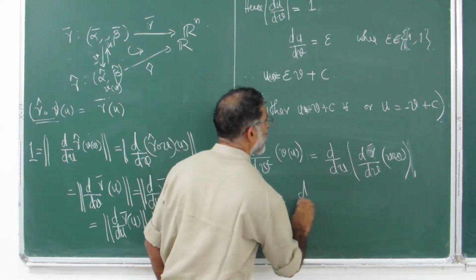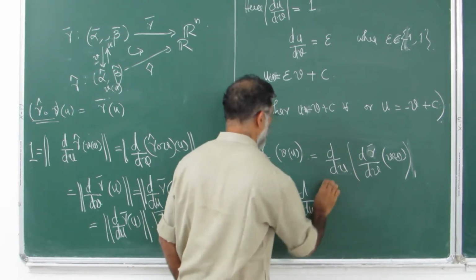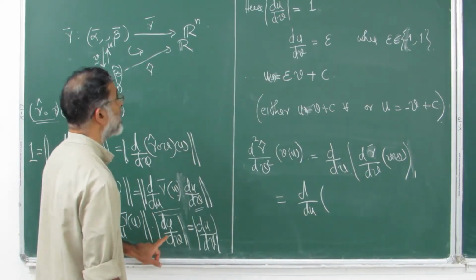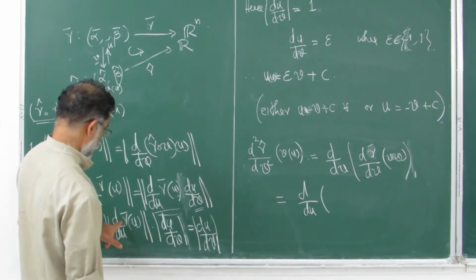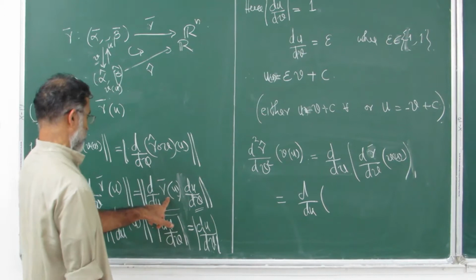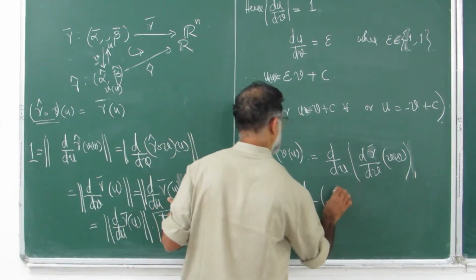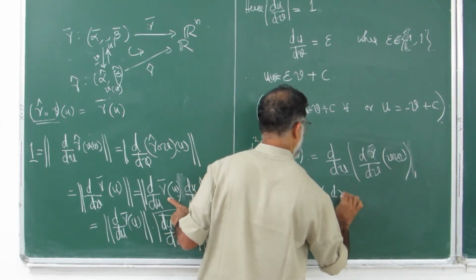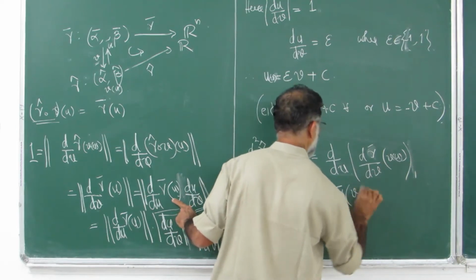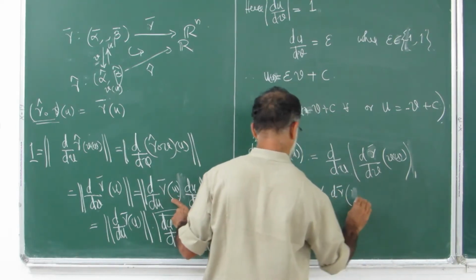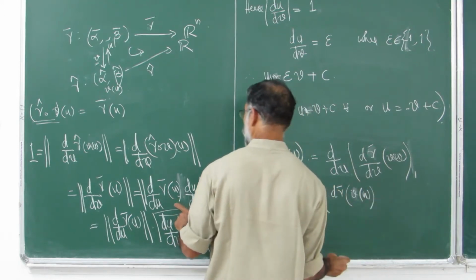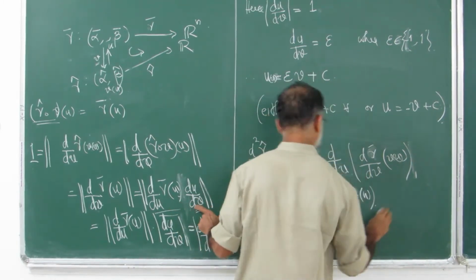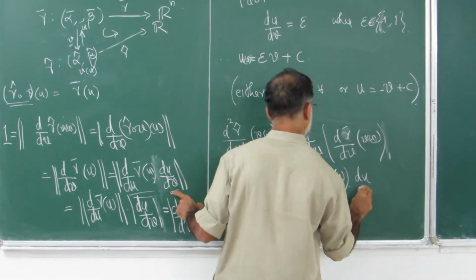That's equal to d by du of, we have already computed that, d gamma bar by du at the point B, times du by dv.